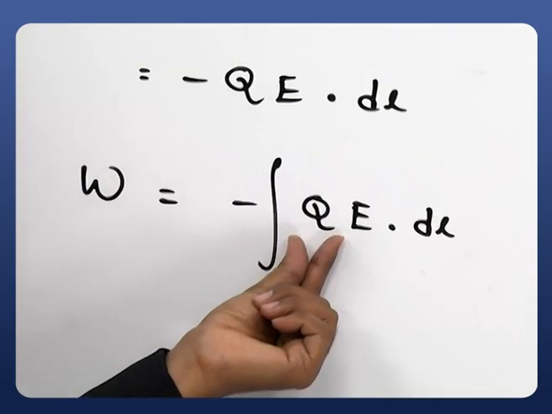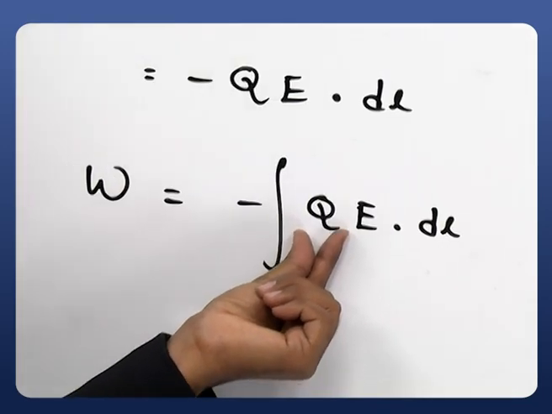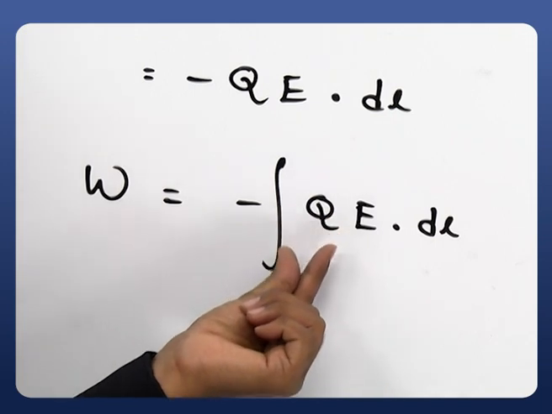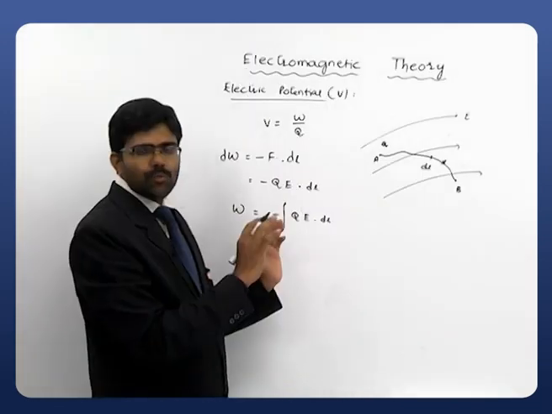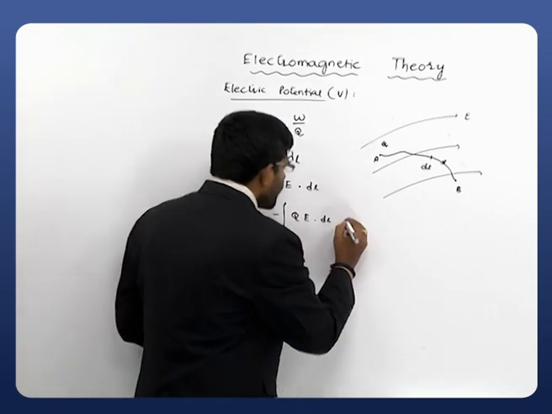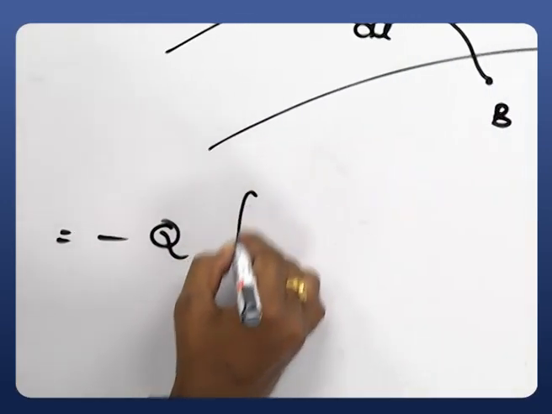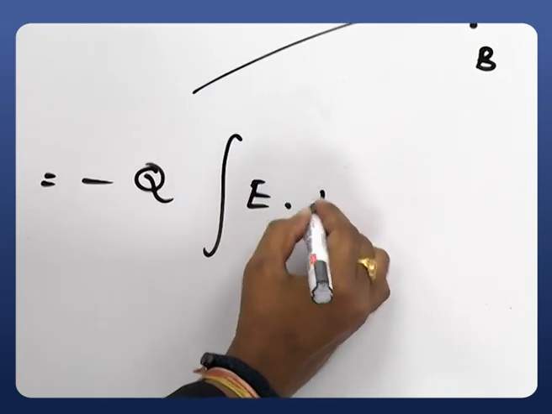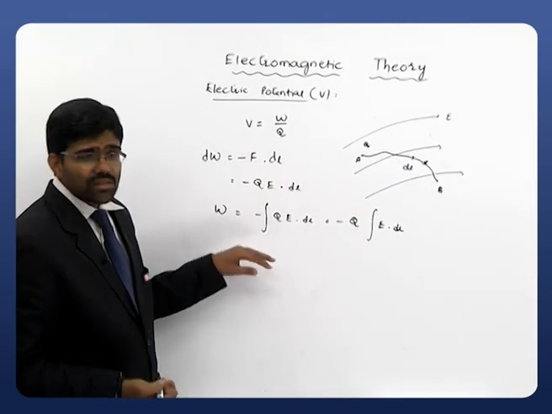Q is the charge we have, and this is a scalar quantity, uniformly distributed and independent of space, so clearly bring it out. Then this can be written as minus q integral E dot dl. Now what is this integral?